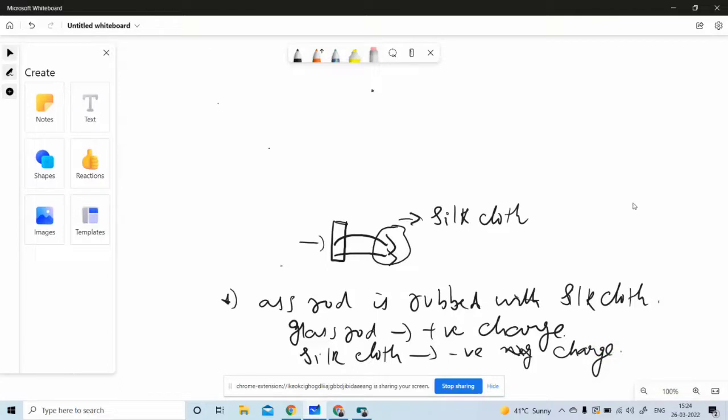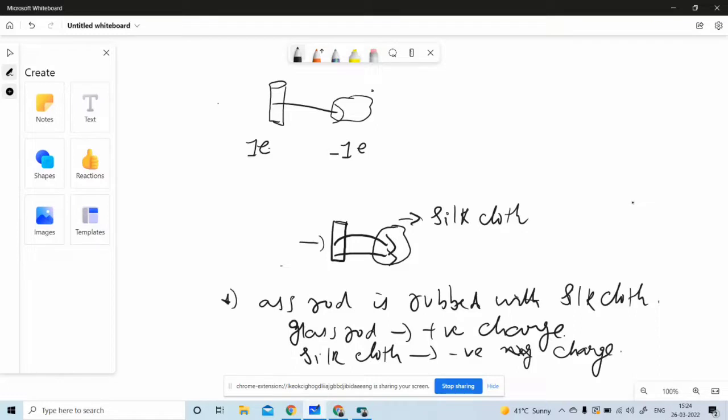Now see, suppose one electron is transferred from glass rod to silk cloth. So the glass rod will gain 1e positive charge, and the silk cloth will gain 1e negative charge. Clear?